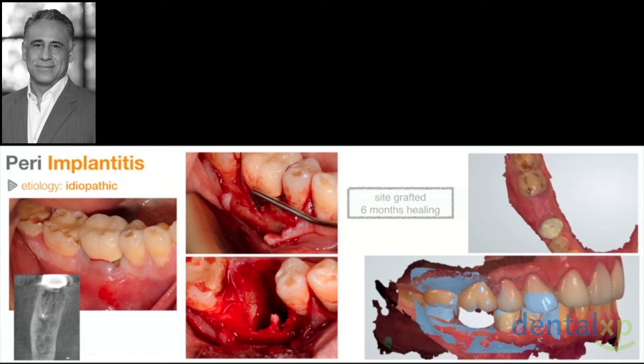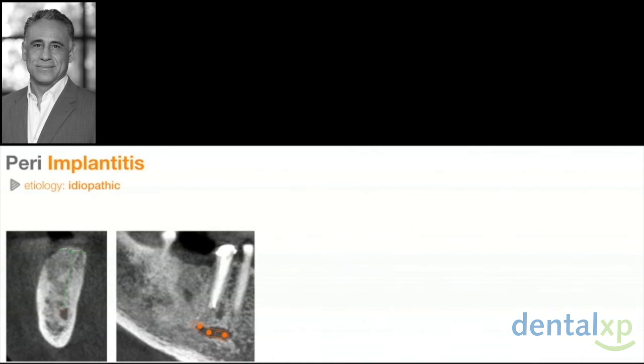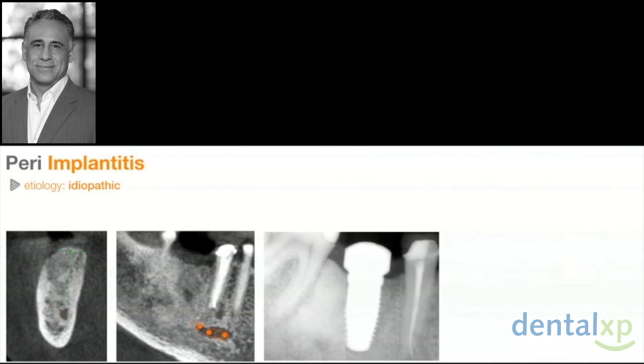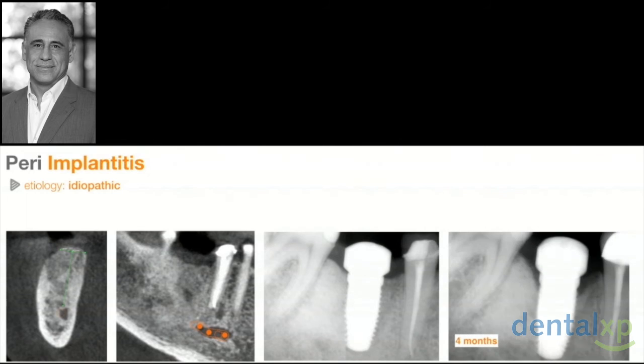Six months later, the patient was seen for 3D diagnostics and planning. The implant was placed using a CAD/CAM surgical guide with complete accuracy from our 3D workup. About 4 months later, when the patient was seen, we can see that there is evidence of some loss of bone at the crestal aspect.